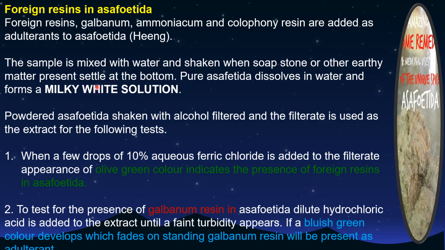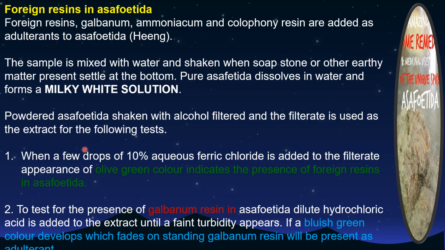The asafoetida or Hing sample can be mixed with water and shaken. So if any earthy matter is present, it will settle down at the bottom. But the pure asafoetida will dissolve in water and form a milky white solution. So we can identify if any impurity is present or not.